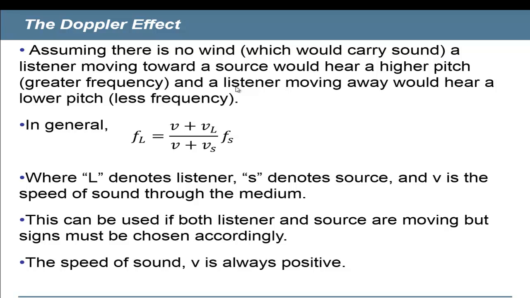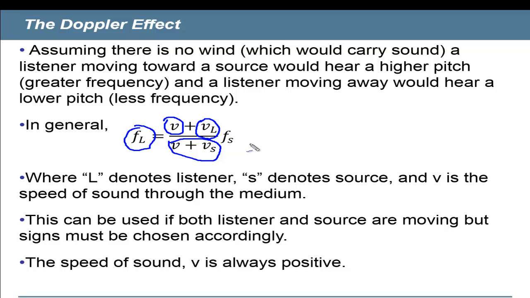So in general, we have this equation that the frequency the listener hears is equal to the wave speed plus the velocity or the speed of the listener, divided by the wave speed plus the speed of the source, times the frequency at the source.